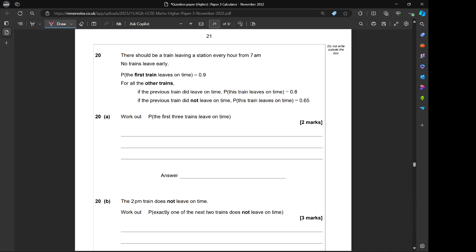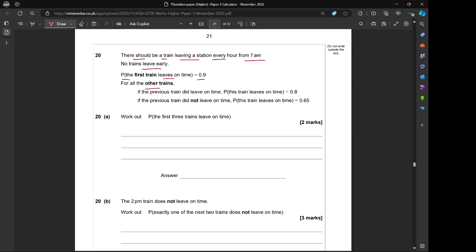Okay. So, there should be a train leaving a station every hour from 7 a.m. No trains leave early. The probability that the first train leaves on time is 0.9.